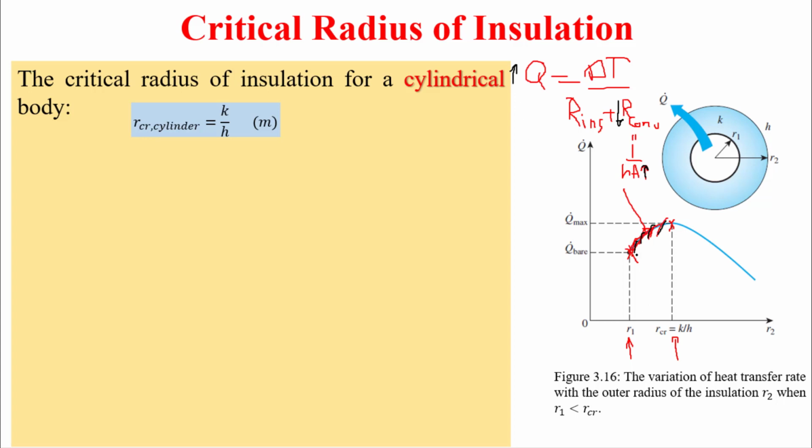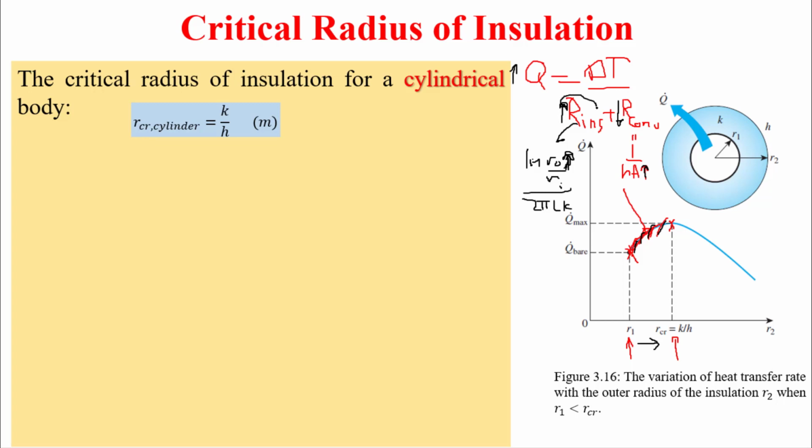Of course, if we keep increasing R, R insulation also increases, because it equals ln of R out over R in, divided by 2 pi L k. So this resistance increases, and we expect that Q will decrease.